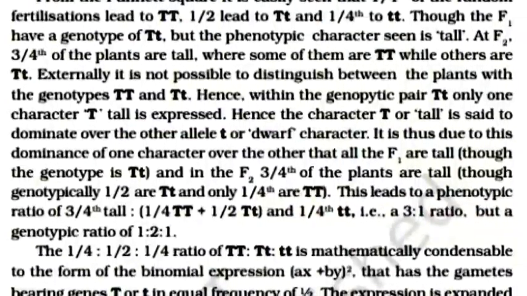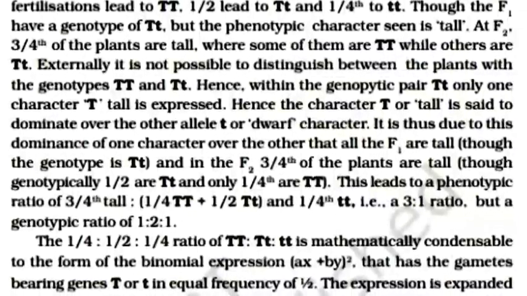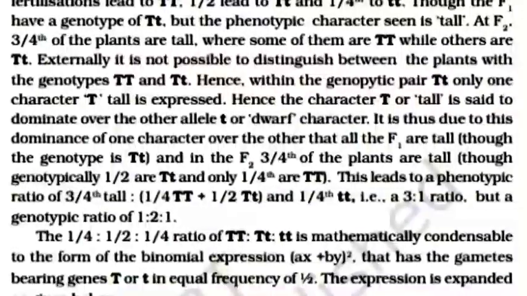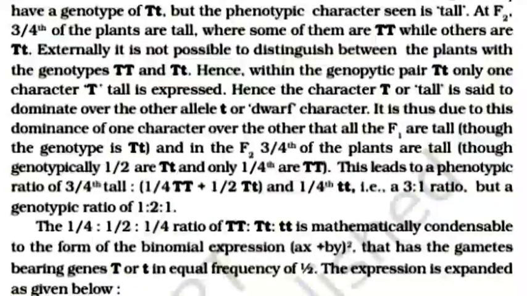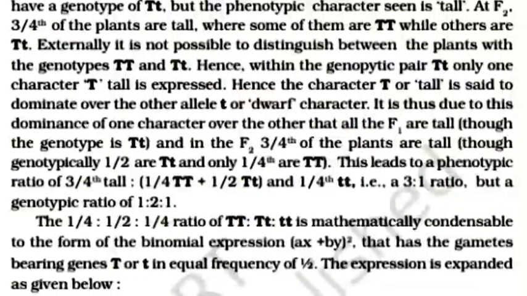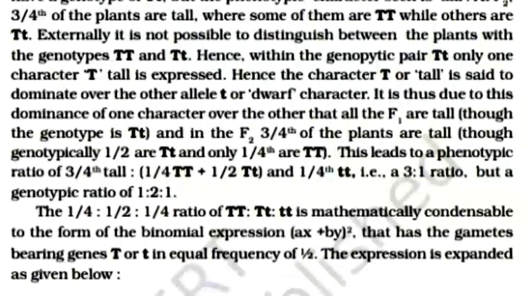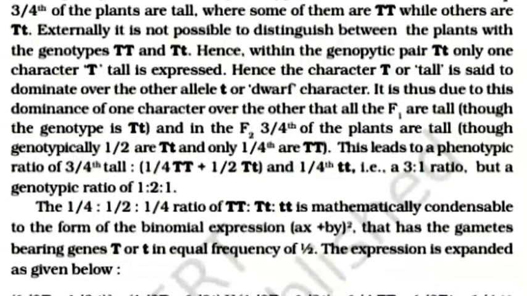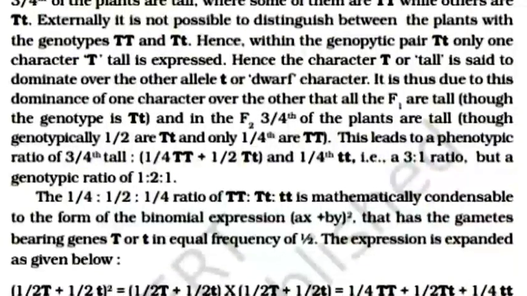Externally, it is not possible to distinguish between the plant with genotype capital T and capital T small t. Hence, within the genotypic pair capital T small t, only one character, capital T or tall, is expressed. Hence, the character capital T or tall is said to be dominant over the other allele, small t or dwarf character.